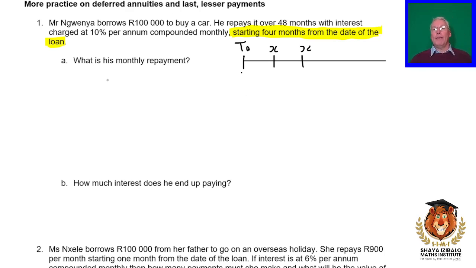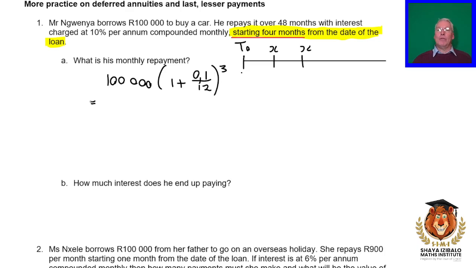So what we're going to first have to do is take the debt of 100,000 Rand, and then we're going to put on 3 months worth of interest. And the reason it's 3 months worth of interest is because we want to get to a point where we are 1 month before the first payment gets made. So now we've got our 100,000 Rand, 1 plus 0,1 over 12 to the 3.